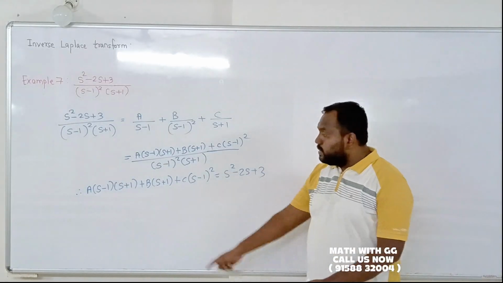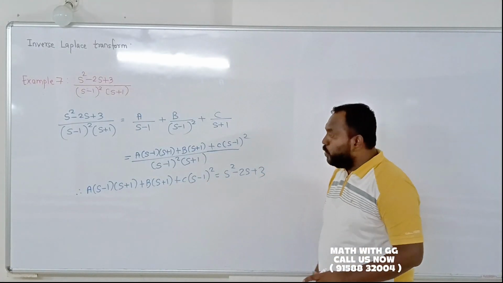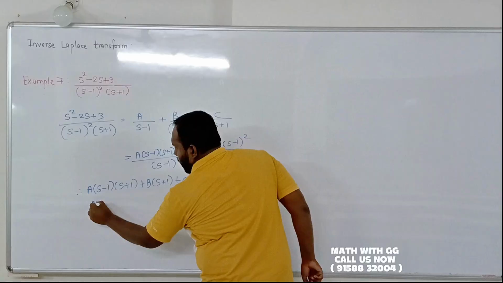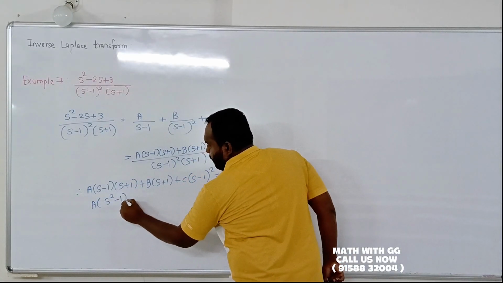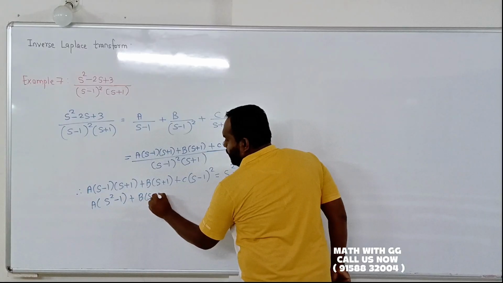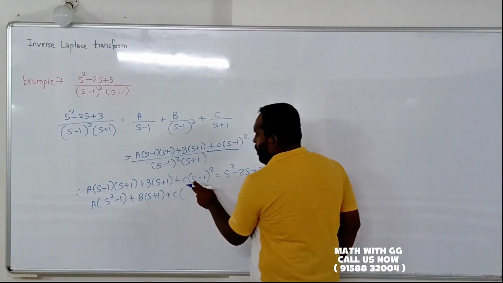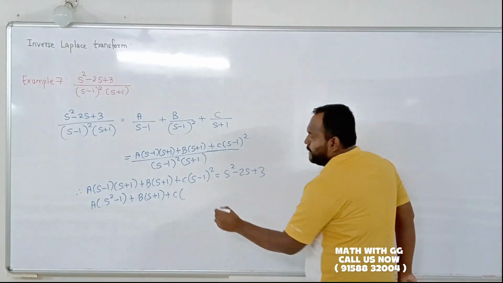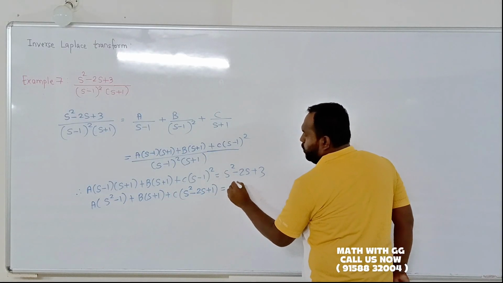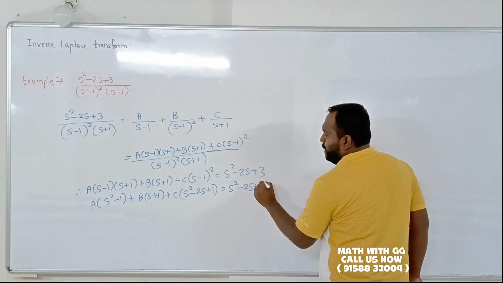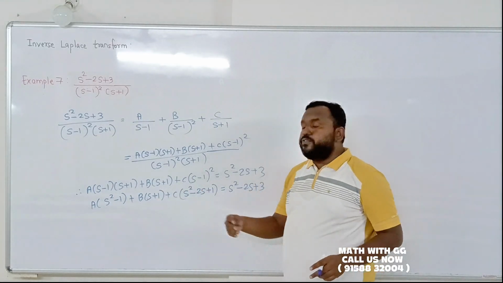Now let us multiply the terms and equate the coefficients. So we get A into (s − 1)(s + 1), which is s² − 1, plus B into (s + 1) as it is, plus C into (s − 1)², which is s² − 2s + 1, equal to s² − 2s + 3. Now let us combine the coefficients.